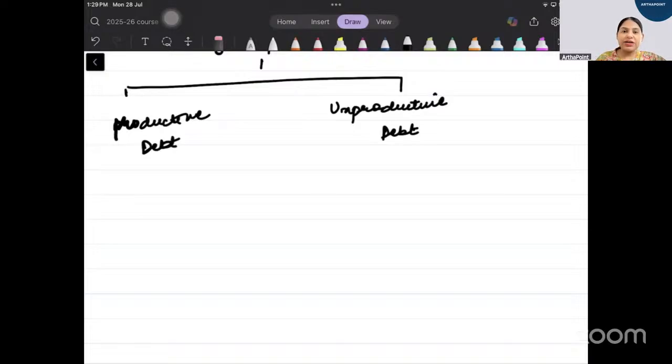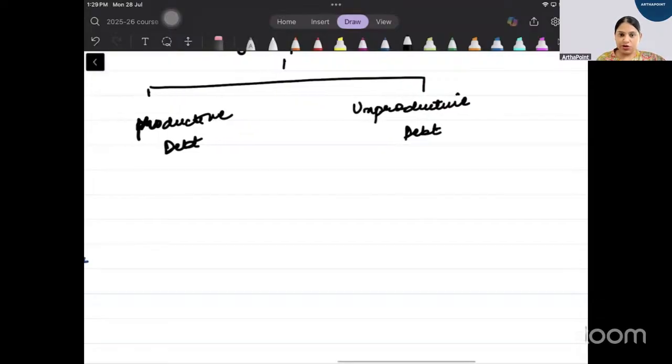And if I have taken a loan from World Bank or IMF, but it is for war, or to make salary payment to my employees, or to repay the interest on the earlier loans, then that is unproductive in nature, right?